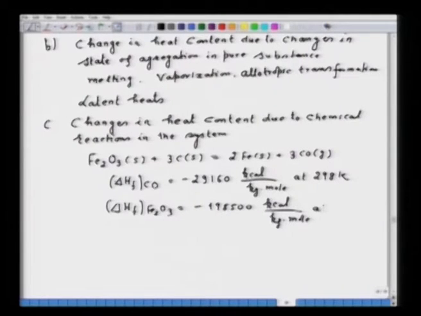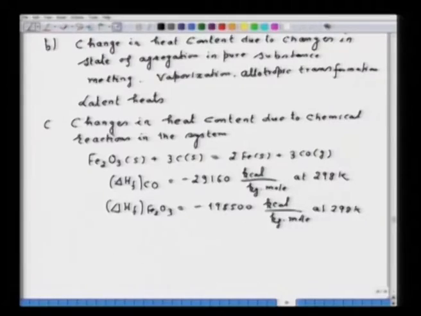This is also at 298 Kelvin. Now, you must note that all the thermodynamic tabulated values are listed at 298 Kelvin temperature. That is an important thing. So, now the heat of formation of the pure element is 0. That is the thing you have to know.